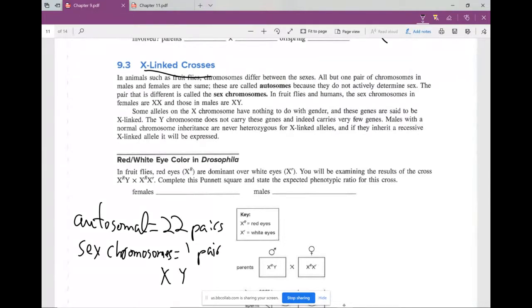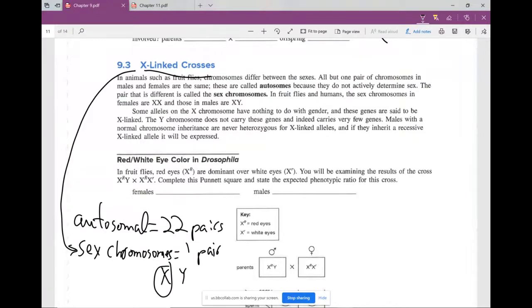Right. X-linked crosses are all about the sex chromosomes, specifically the X chromosome. Note that differing sex chromosomes don't occur in all animals. It occurs in many animals, though, but not all, or for that matter, organisms.